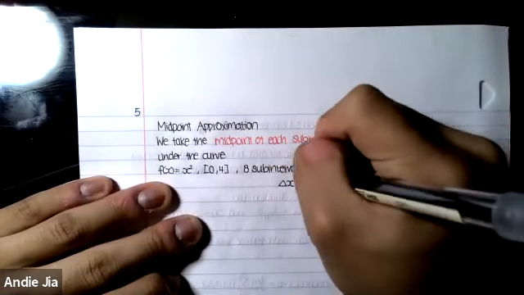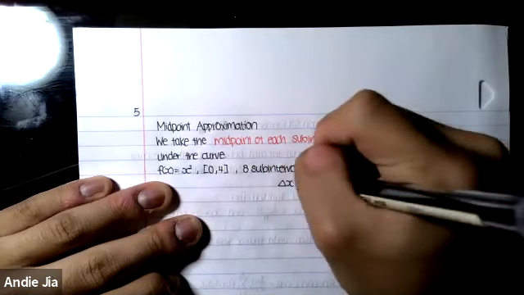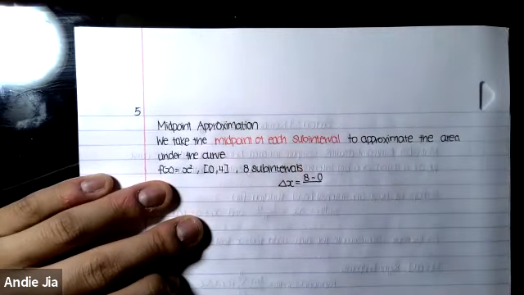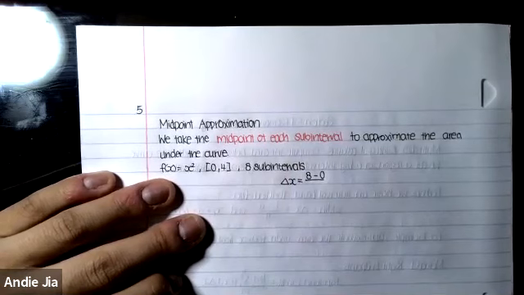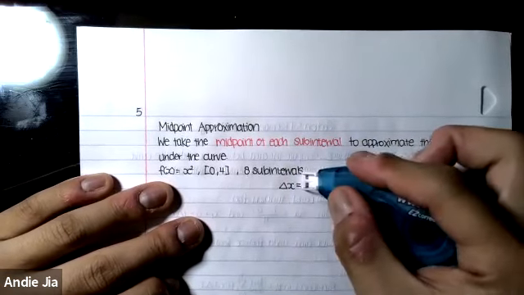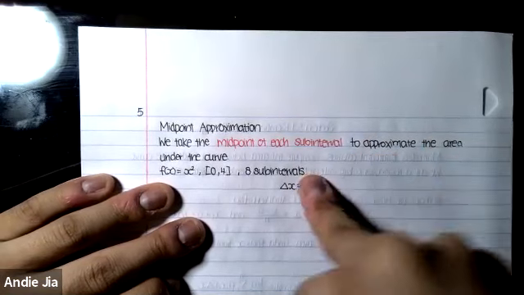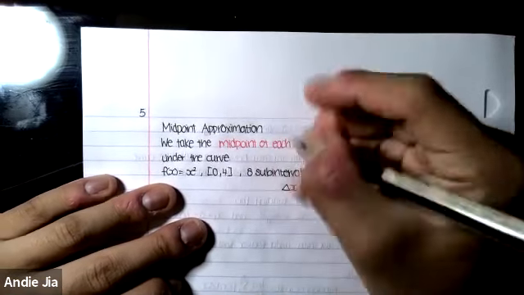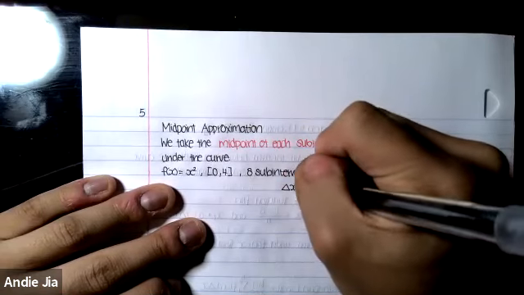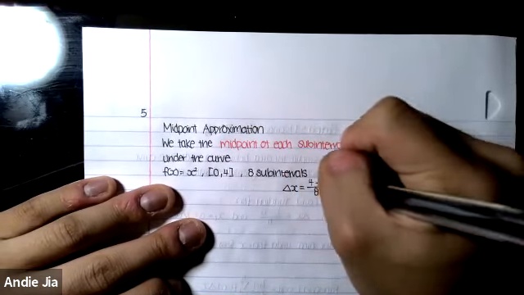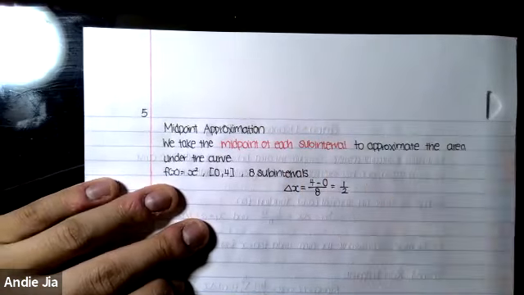It is 8 minus 0. Oh, wrong. It should be 4 minus 0, not 8 minus 0. Over 8 subintervals, we get 1/2. It's our width.